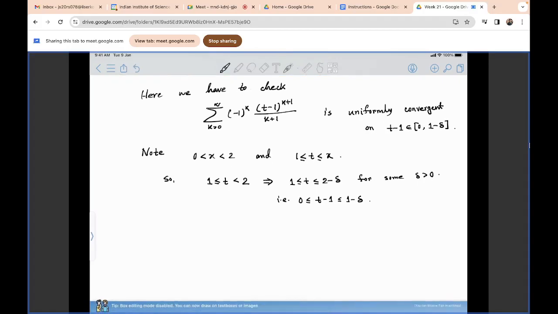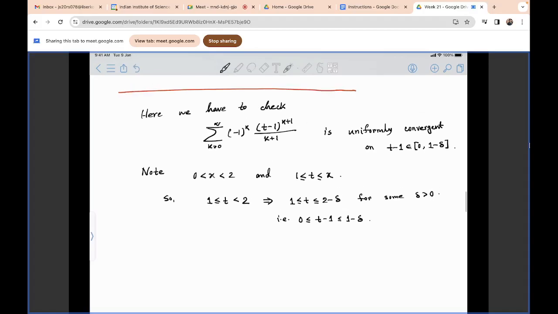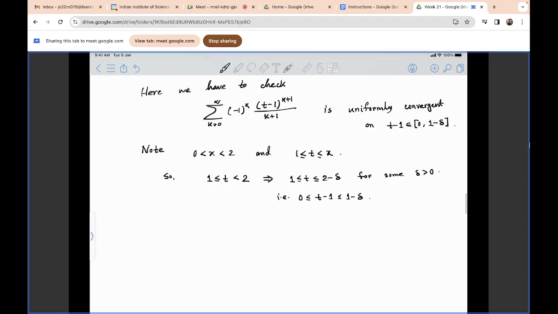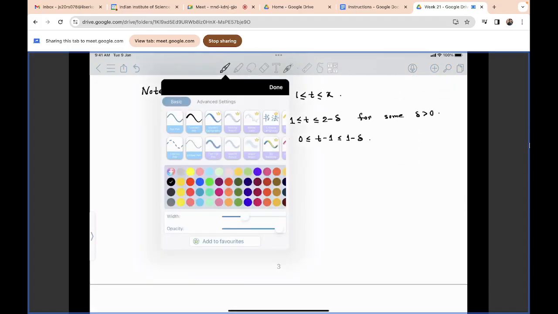Now to check the uniform convergence of this series, we will use the Weierstrass M test. Let me recall.